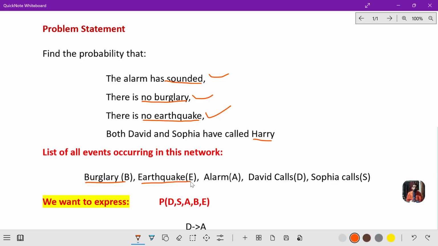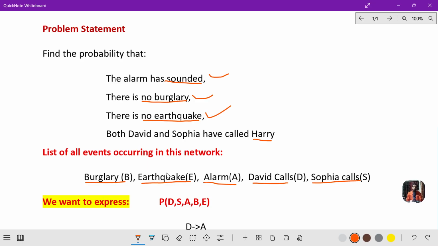When the earthquake sounds, sometimes David informs Harry. The alarm is played in Harry's home. Next are David calls and Sophia calls. Remember, these are called the list of events in this network.